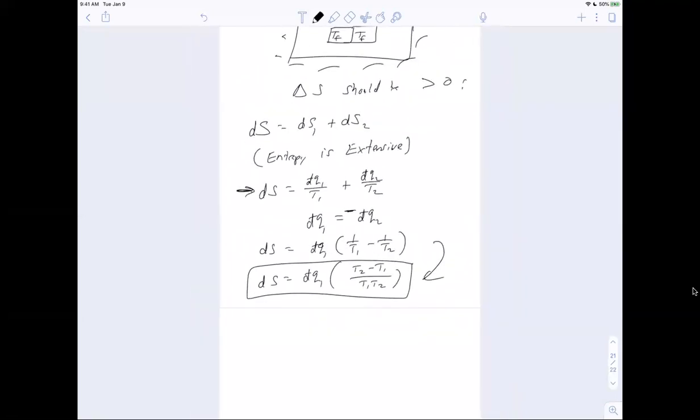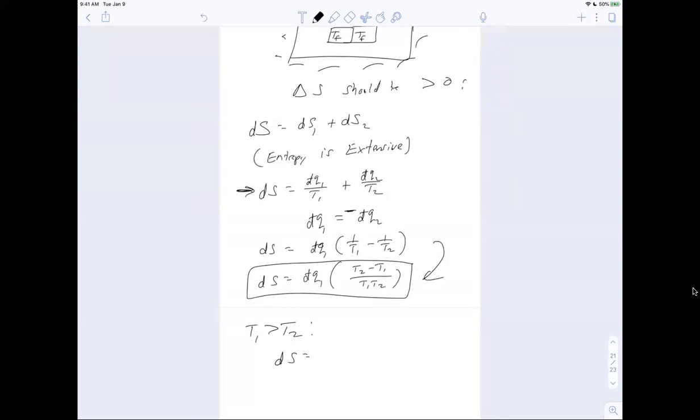Okay, let's consider T1 greater than T2. What happens here? If T1 is greater than T2, what's the sign of dQ1? Now remember, dQ1 is the heat flow with respect to our system being block 1. So you're considering dQ from the perspective of block 1.